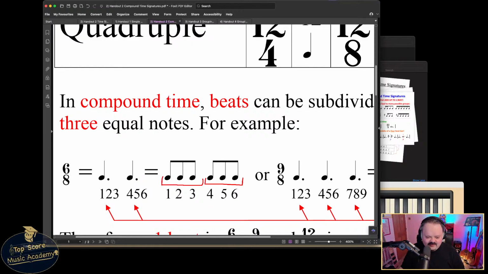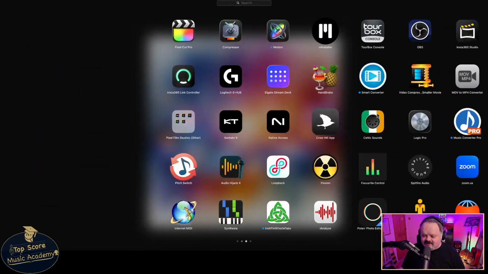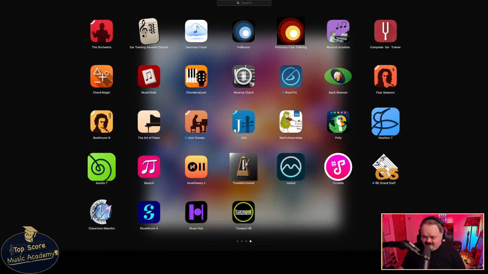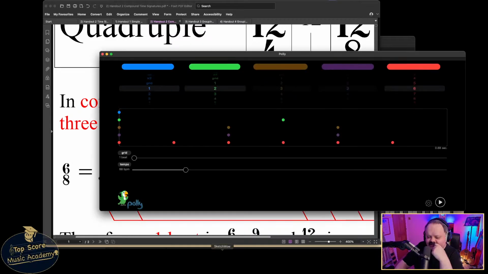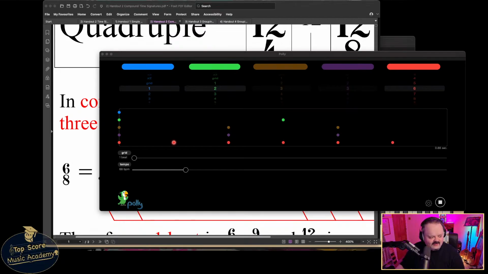And in fact, I'll bring up the Polly the Parrot thing that I used with my students. Let me see if we can find it. Hopefully this actually comes through. I never checked to see, does this work with you guys? This so happens to be in 6/8.